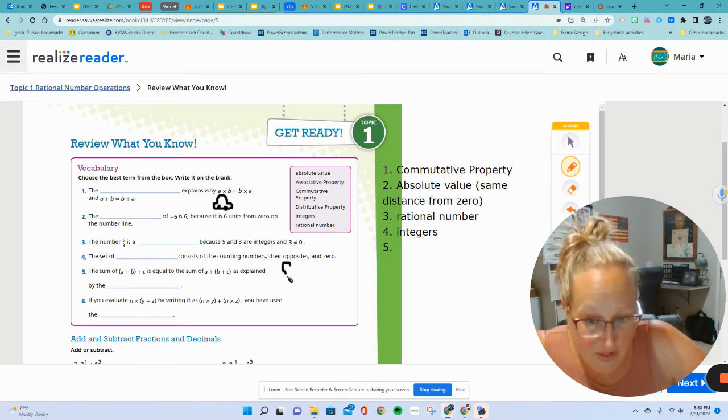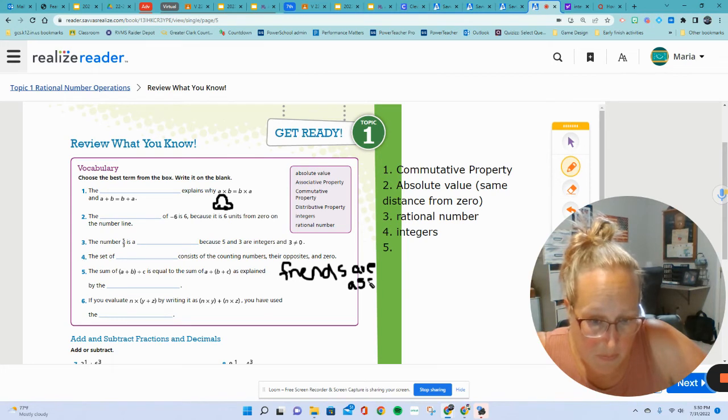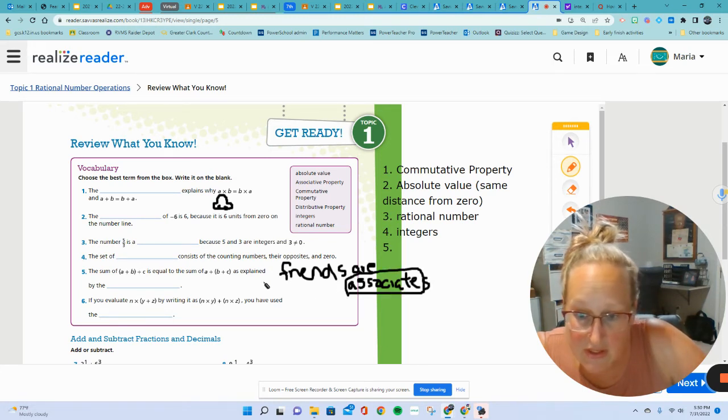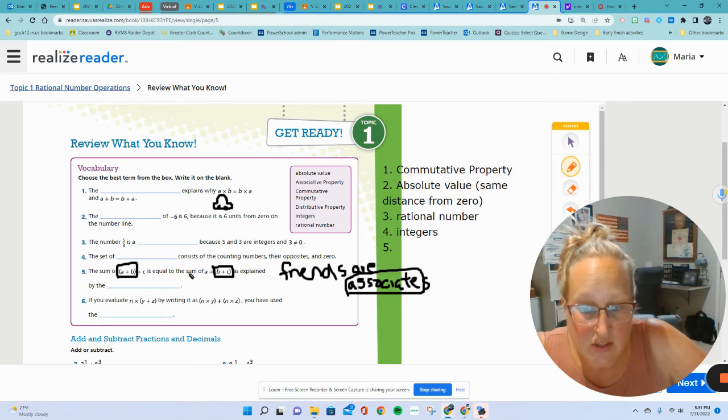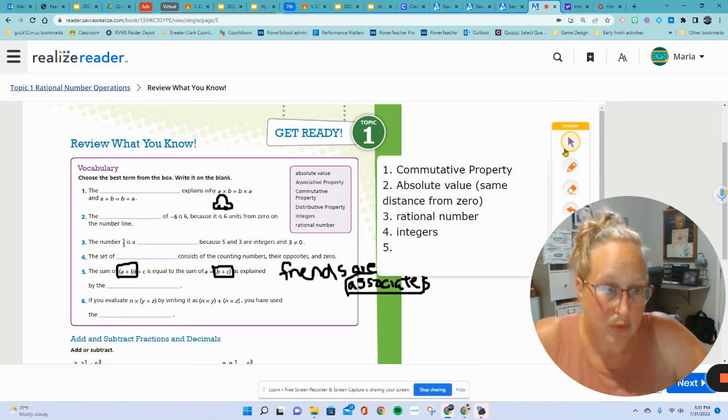So who your friends are, associates. Therefore, this is your clue. See how they changed friends? They changed from this friend group to this friend group. So they changed who they associated with. That means the answer to this one is associative property.